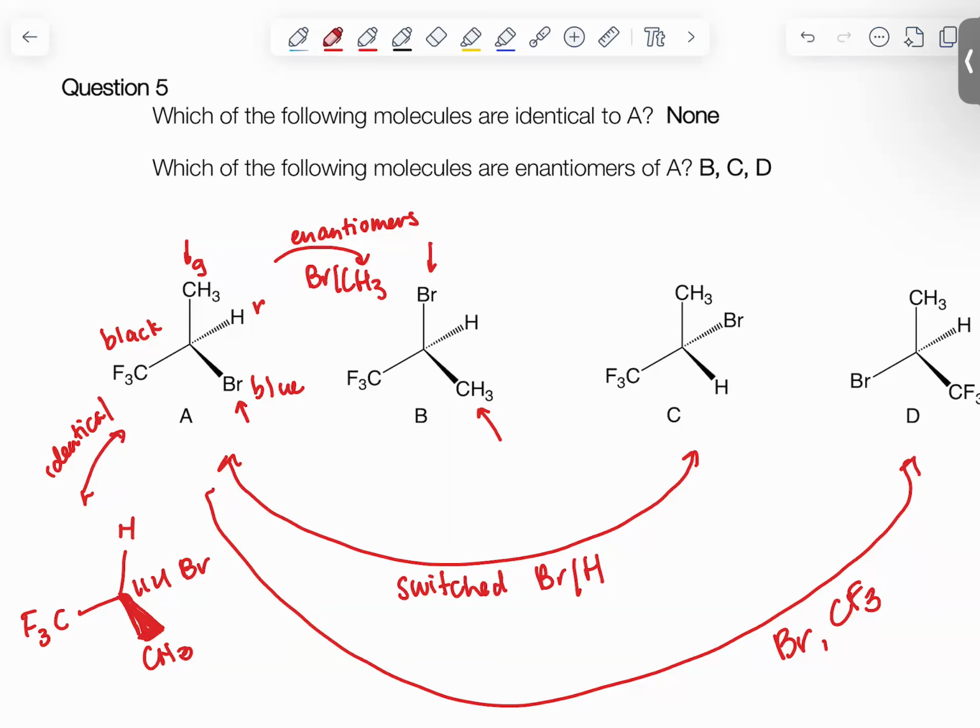The vague wording on that can go two ways. If you're talking about switching like this, switching once will get you an enantiomer, and then if we did this and switched again, you get back to identity.